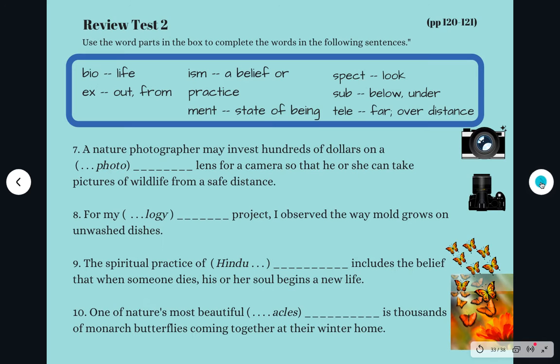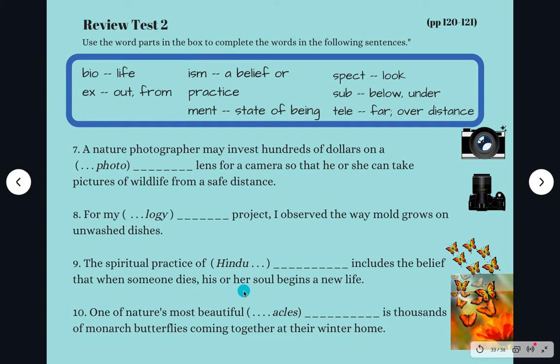And we'll keep going. Let's see, a nature photographer may invest hundreds of dollars on a something photo lens for a camera so that he or she can take pictures of wildlife from a safe distance. I'd choose something from over here. For my something logy project, I observed the way mold grows on unwashed dishes. I would pick something from here.